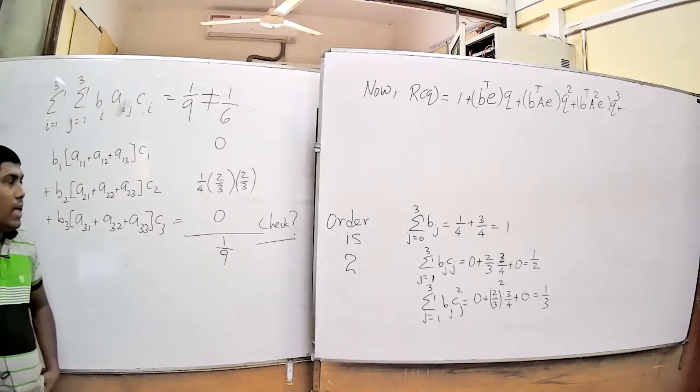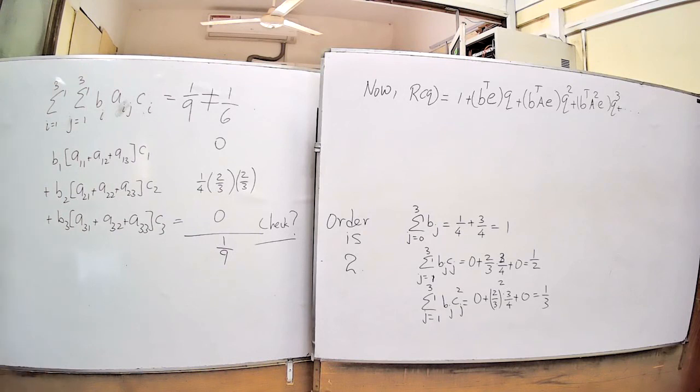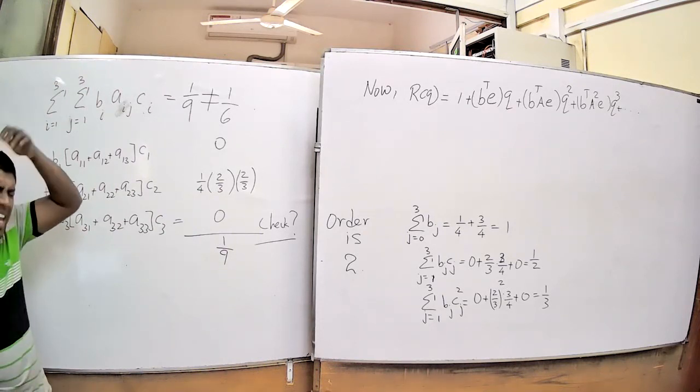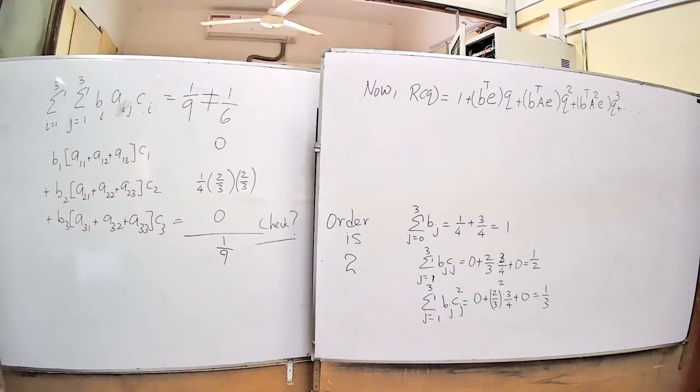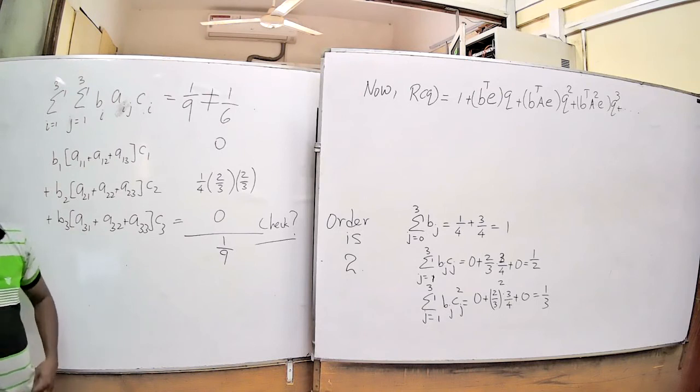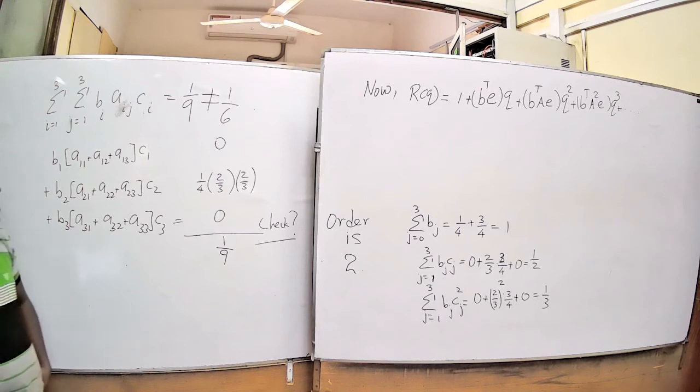By using the expansion of (1 minus QA) inverse, the binomial kind of expansion, we get a formula like this. So you can write down these terms. One obviously you know, so you have to find B transpose E. You know E is all ones.